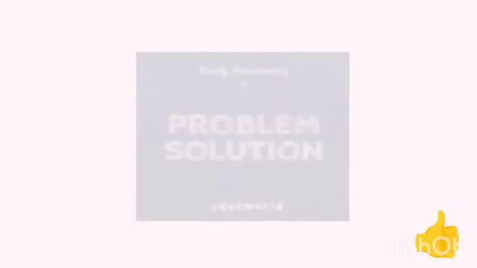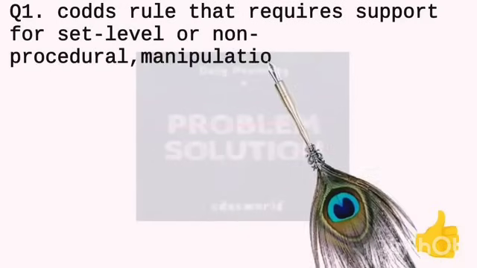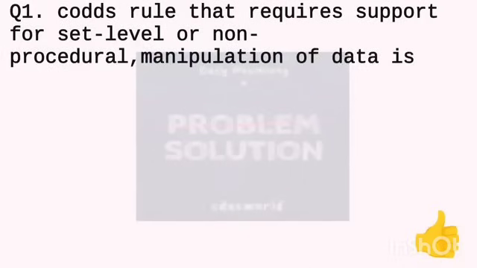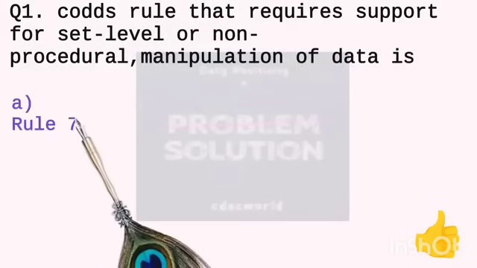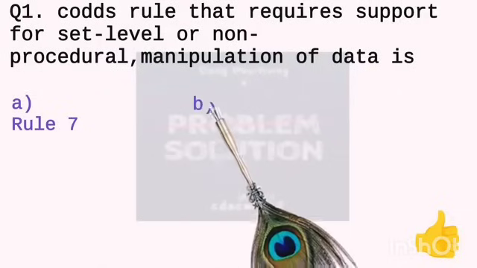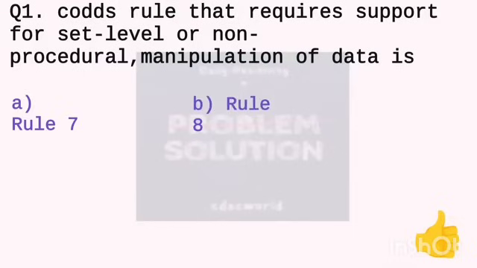Good afternoon guys, this is the fourth series of DBMS MCQs. Now query 1. Codd rule that requires support for set level or non-procedural manipulation of data is? Option A, Rule 7. Option B, Rule 8.